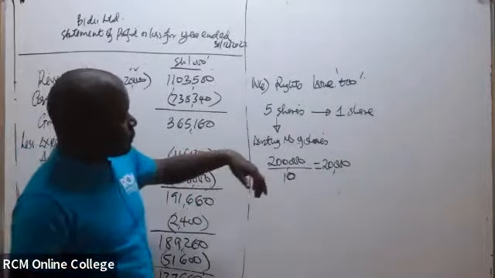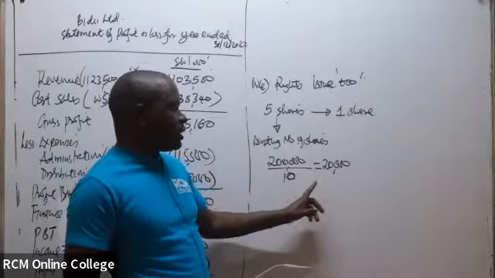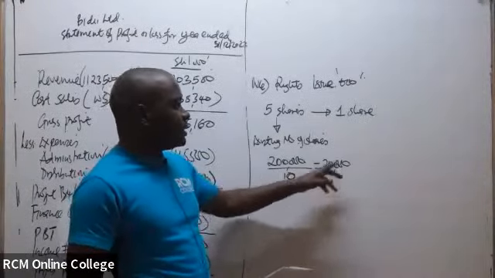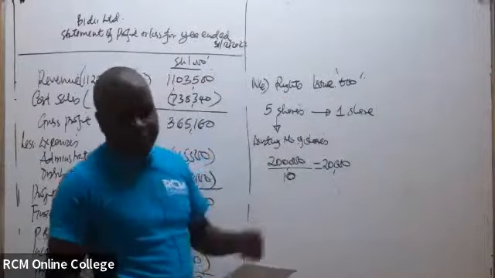So they had 20 million shares currently, but for every 5 of these, you get one share.